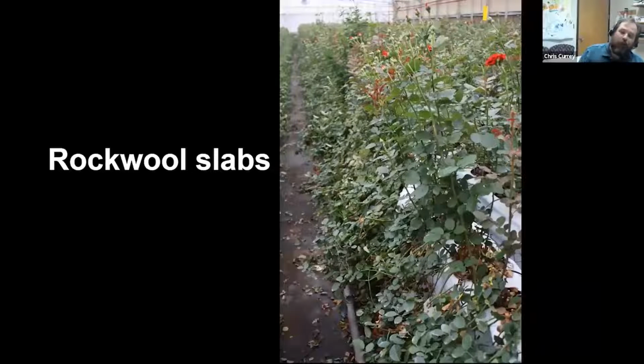You can use rock wool for more than one crop. So if you're using something, say a Gerbera daisy, and you want to reuse it for a subsequent crop, you are able to pasteurize it. So this is going to be very similar to what greenhouse growers used to do when we saw field soils being used for cut flower production for, say, carnations and roses in Colorado.